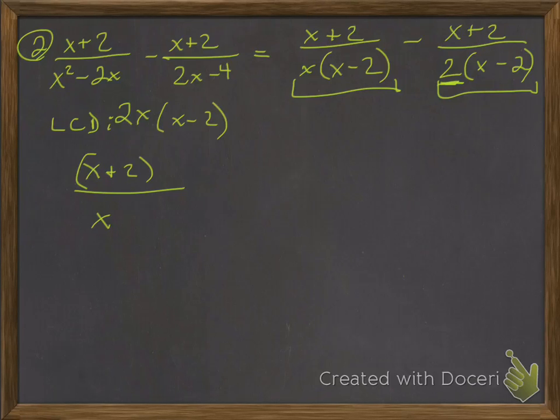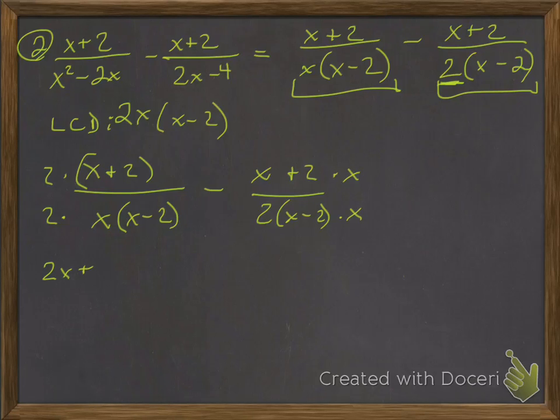So what I need to do, I'm going to rewrite this. I'm going to multiply this first one by 2, and I need to multiply this second one by x, because that's what each of them are missing from the LCD, and I got to do it to top and bottom. So I get 2x plus 4, because I got to distribute over 2x times x minus 2, minus x squared plus 2x over 2x times x minus 2.